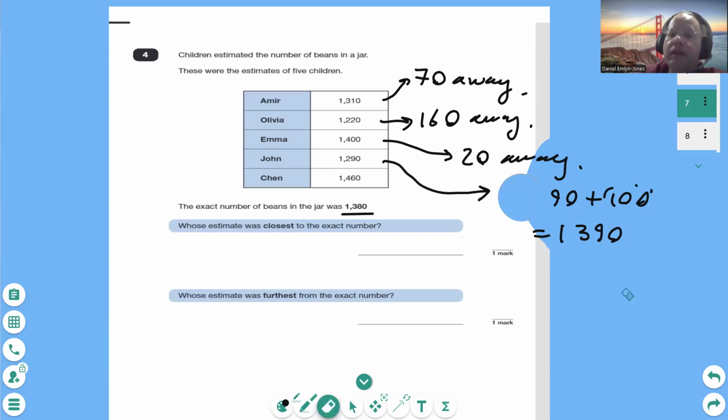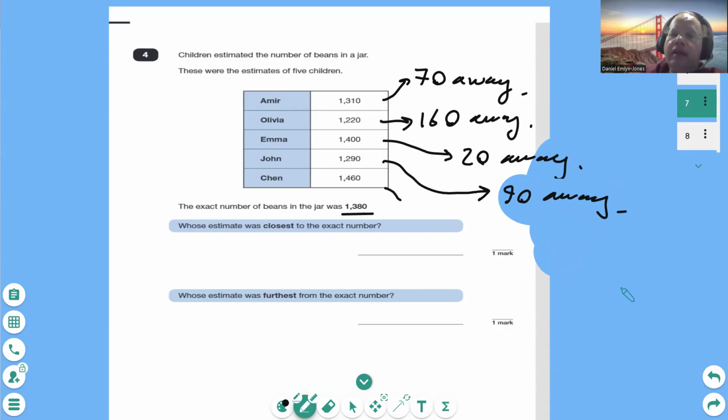So she's 90 away. You could do sums if you like. And then Chen, well, he's 80 away, isn't he? Because 1,380 plus 100 is going to be 1,480, isn't it? But then he's 1,600, so it's 80 away.